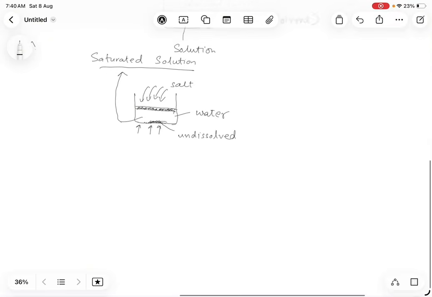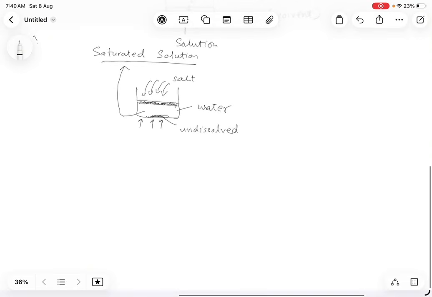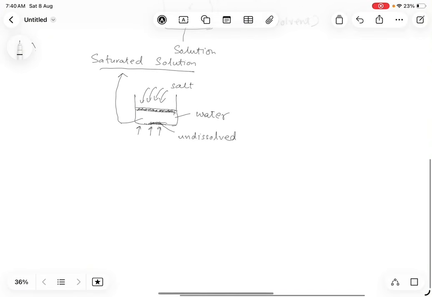All right, now let's move towards another important terminology, which is residue. Now what is a residue?